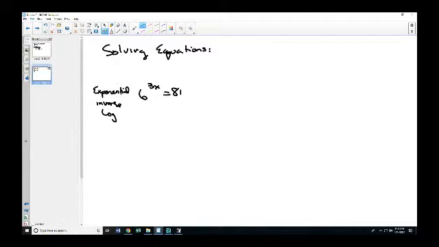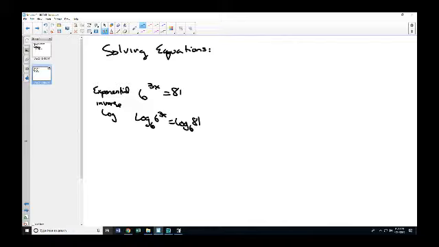Well, it's an exponential. If the inverse is a log, what would I use to get rid of the exponential? Log base 6 for both sides. It's not a multiplication, it's a function.